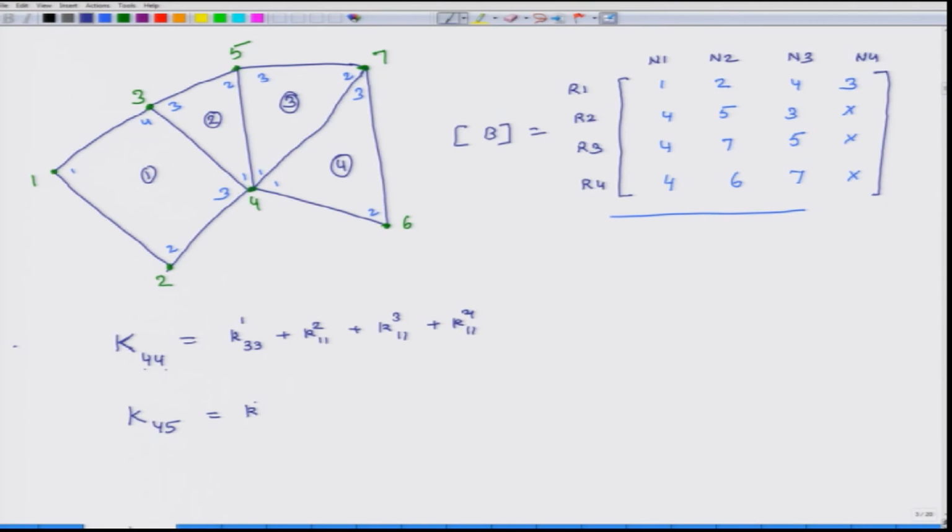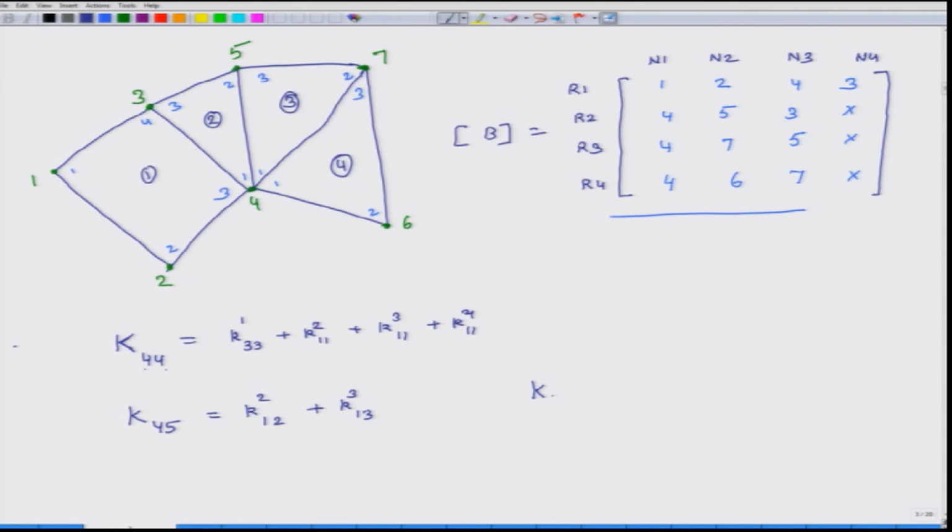The first contribution will come from element 2 and from element 2 it will be 1 2. From the second element, what is the second element number? 3. The term will be 1 3. Understood? One more example and then we will move on.